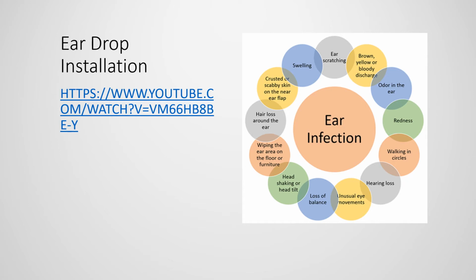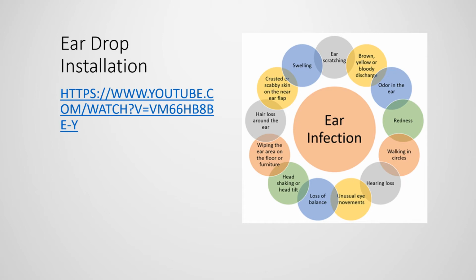Odor in the ear, again, is often otitis externa, but it could be, again, a ruptured eardrum and the fluid or the pus is leaking from the middle ear. Redness of the tympanic membrane typically indicates an otitis media. Redness of the external canal would indicate an otitis externa.